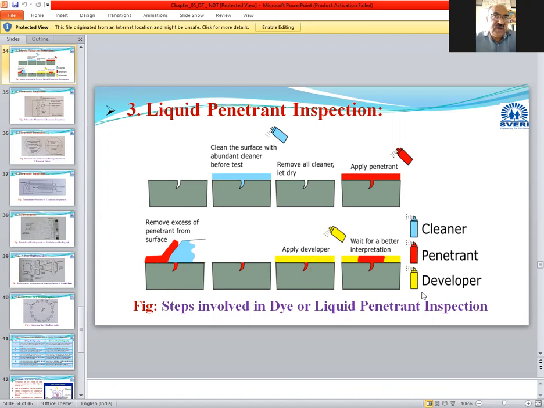When this white chalk gets the color of the penetrant, then we say that there is a defect on the surface. This is the liquid penetrant test. Okay.